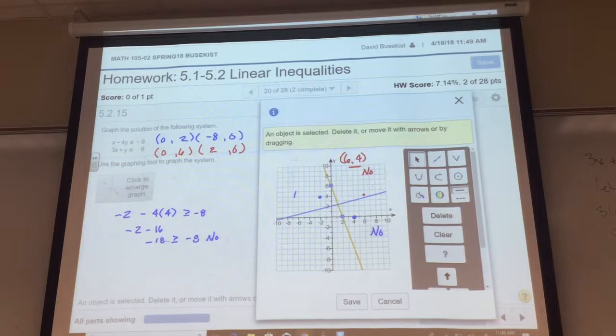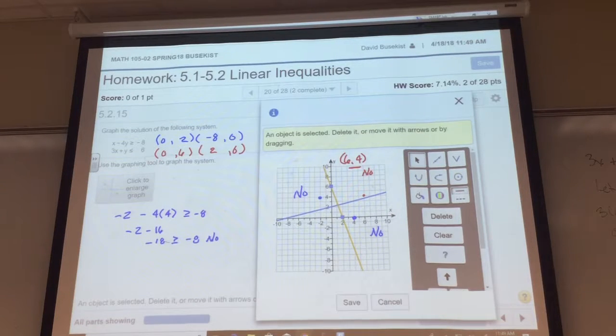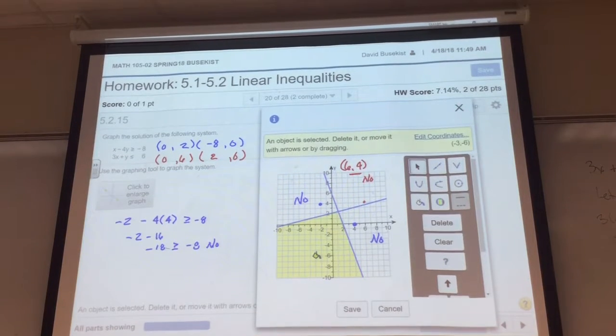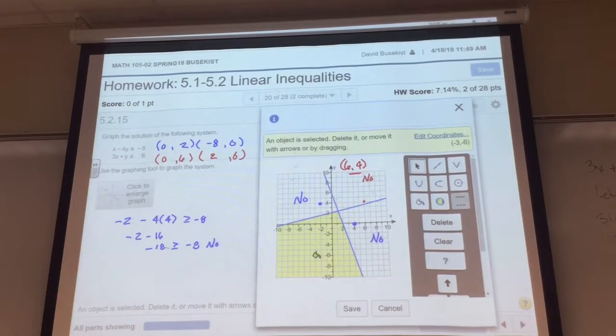So guess what? Process of elimination, you weren't good at guessing which was the right region, but does it eventually narrow itself down? So from a graphing standpoint, that's the region that should be shaded.